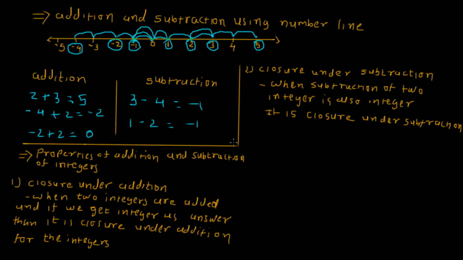Guys, for the whole numbers, if we add two whole numbers, we always get a whole number as an answer. Same as if we add two integers and we get an integer as an answer, then it's closure under addition for the integers. So guys, let's take an example and understand.